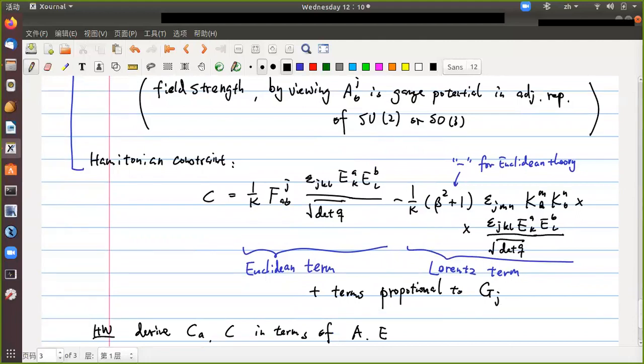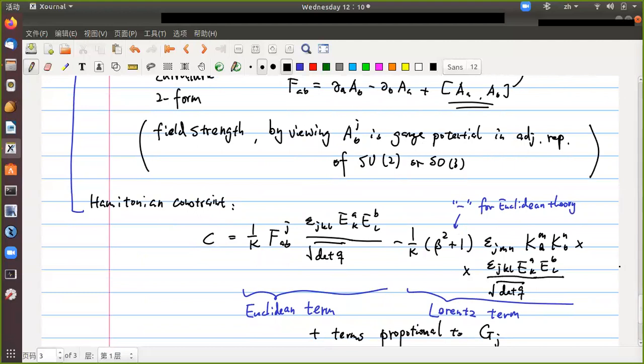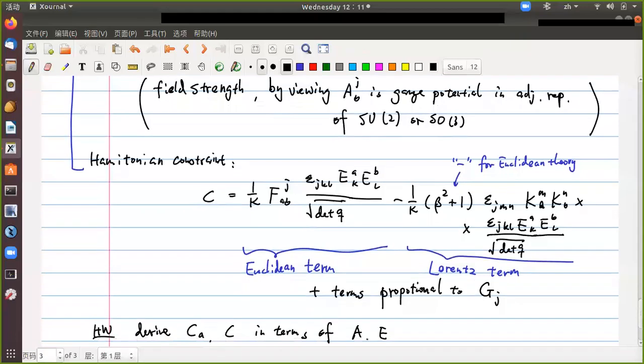The constraint surface is where all the constraints equal 0, but it's not that individual terms equal 0. The entire constraint surface is defined by the Gauss constraint equals 0, the diffeomorphism constraint equals 0, and the Hamiltonian constraint equals 0. But it's not individually two terms equal to 0. Oh, okay, got it.